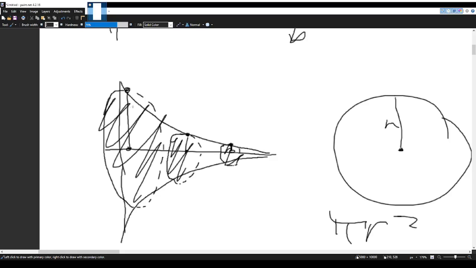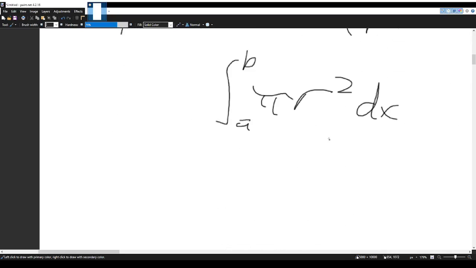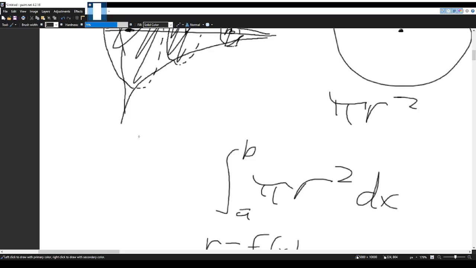Obviously it's just f of x, whatever number. Let's say this is 1 and this is 10, so f of 1 equals 10. This distance here is 10, and that becomes the radius. So the radius is just f of x at whatever point.